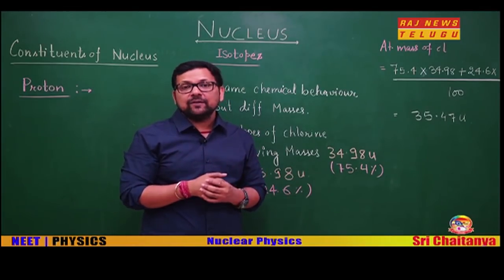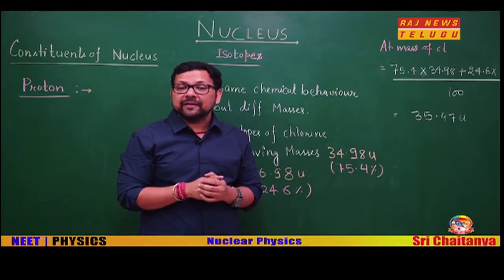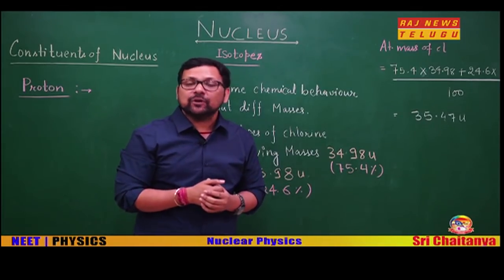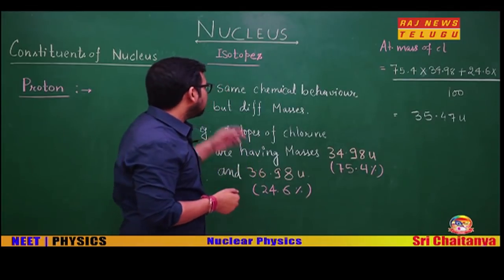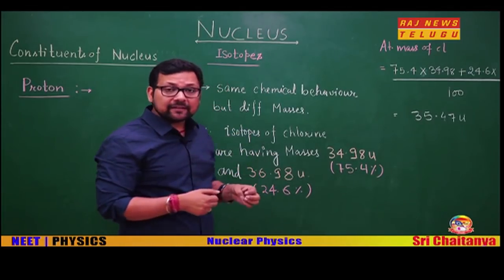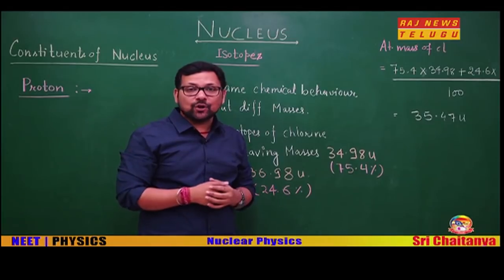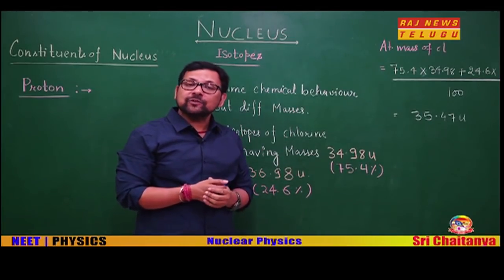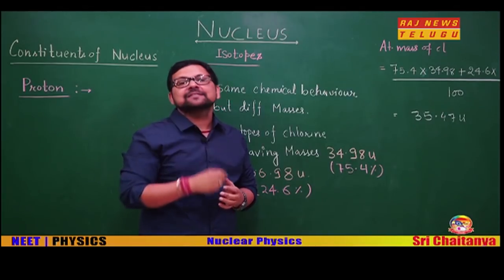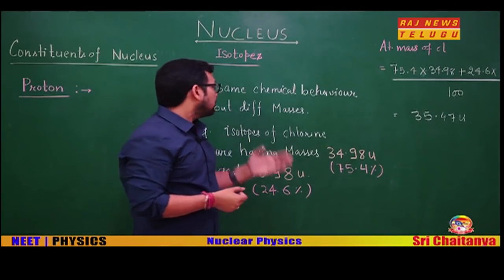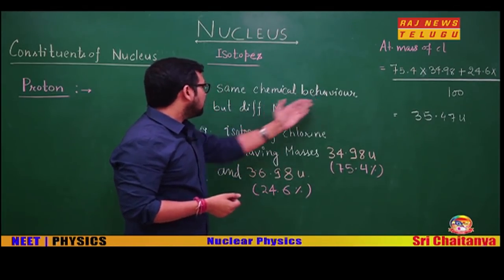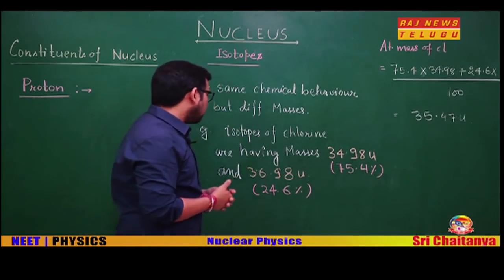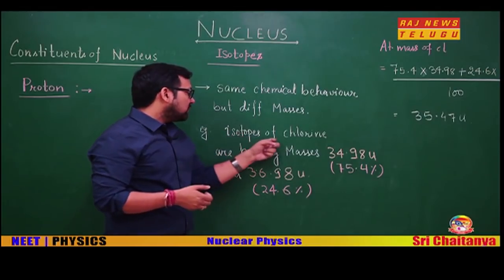All elements with the same chemical behavior are at the same place in the periodic table. In Greek, the same place is called isotope. So when we say isotope, it means the same place inside the periodic table, but with different atomic masses. Okay.